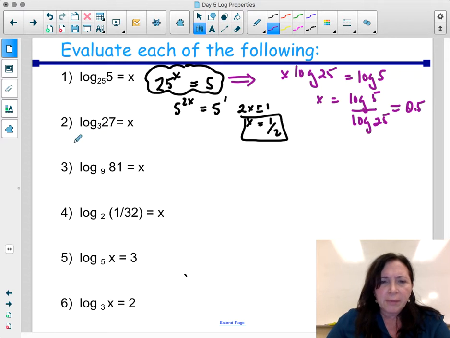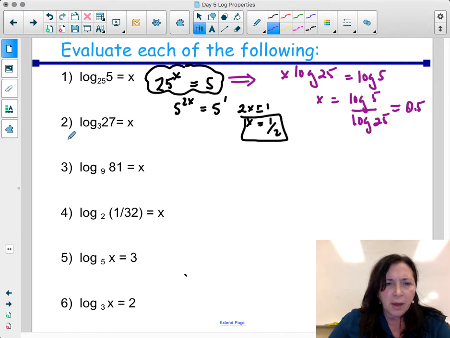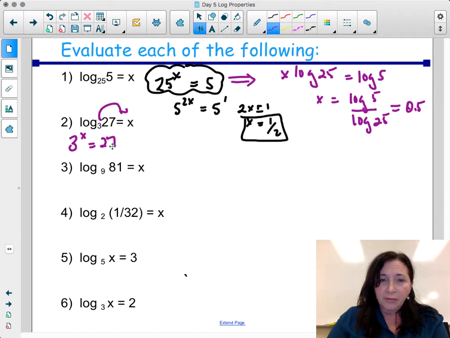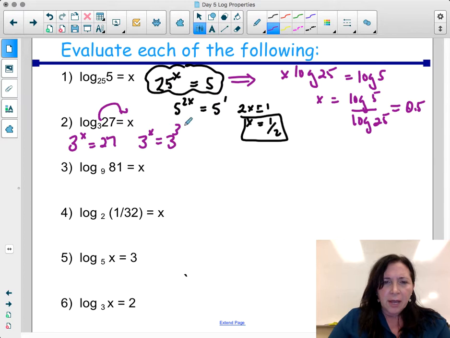For this problem, we're going to get the base to be the same across the equal sign. So we have 3 to the x power is equal to 27. I noticed that both 3 and 27 have bases of 3. So I can change 27 to a different base, and say 3 to the x power equals 3 to the 3rd power.